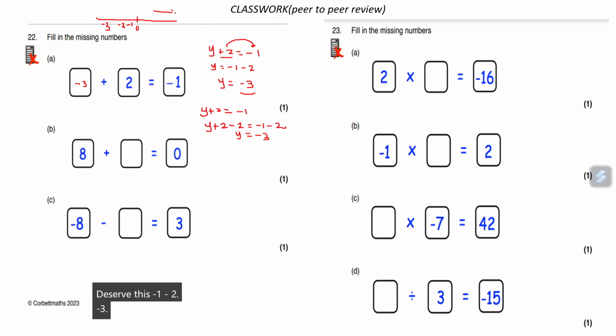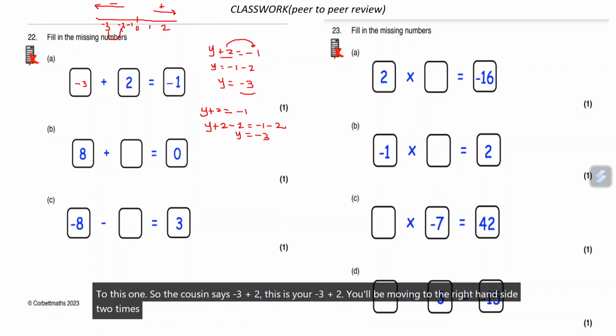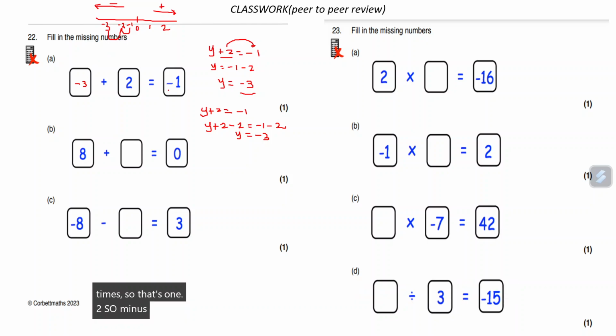Remember, if you're going this way, that will be positive; go this way, and negative. So the question says minus 3 plus 2. You'll be moving to the right-hand side 2 times. So that's 1, 2. So minus 3 plus 2 gives us minus 1. So this is correct.